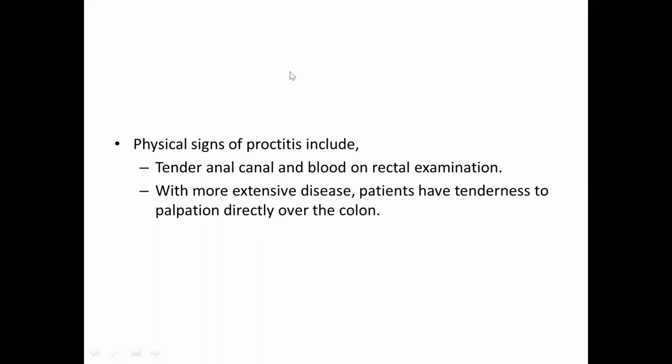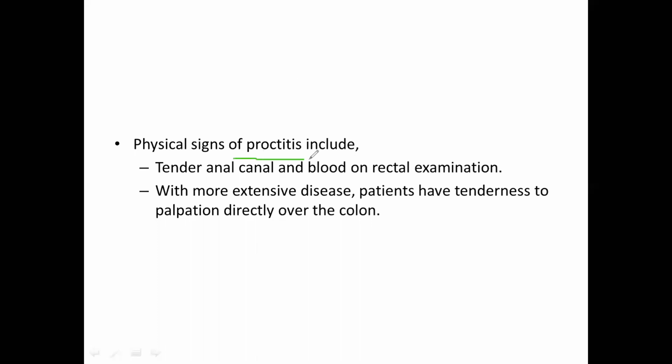Physical signs of proctitis. Why proctitis? Because we know the most common site of involvement in ulcerative colitis is the rectum. The physical signs include a tender anal canal, and obviously blood on rectal examination.